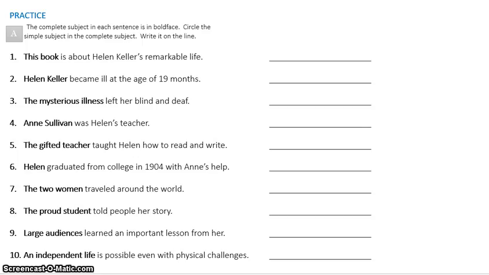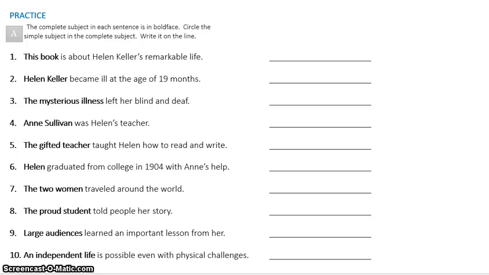The simple subject has to be in the complete subject part. So, this is where your purple pencil is going to come in. You're going to circle the simple subject in each complete subject and then write it on the line. And if you want to write the word on the line in purple pencil, it doesn't matter to me.